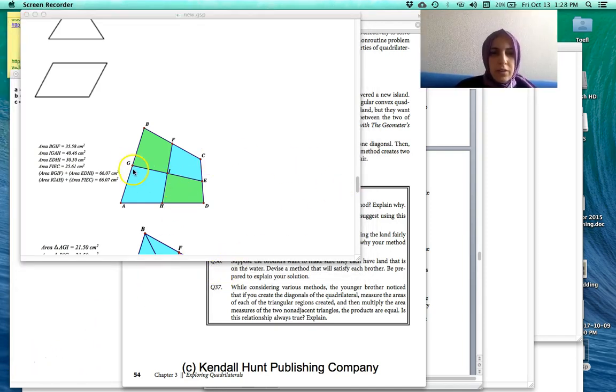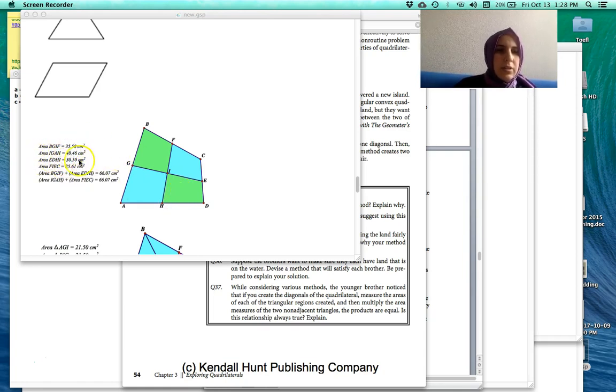In solution 1, as you see, the area BGIF is 35.58 centimeters squared, and the other ones also.